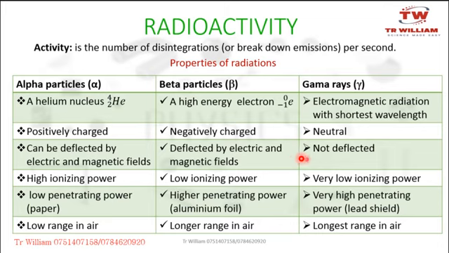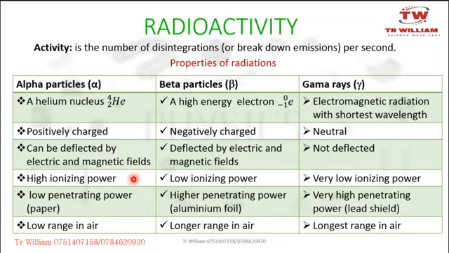Now, remember alpha particles have a positive charge of positive 2, and beta particles have a charge of negative 1. Positive 2 is a very big charge, meaning when they pass through air, they can easily ionize the air. Remember what ionizing means: breaking the air into two charges, positive and negative.